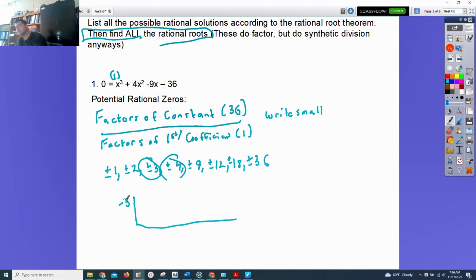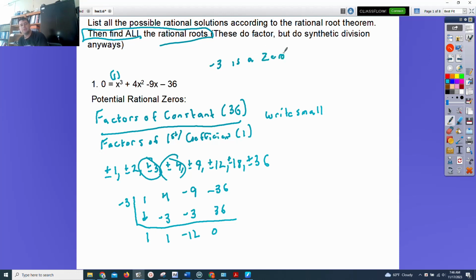So I'm going to try a negative 3, and let's see here. 1, 4, negative 9, negative 36. I'm going to drop, multiply, add, multiply, add, multiply, and add. So what I just learned here is that negative 3 is a zero.